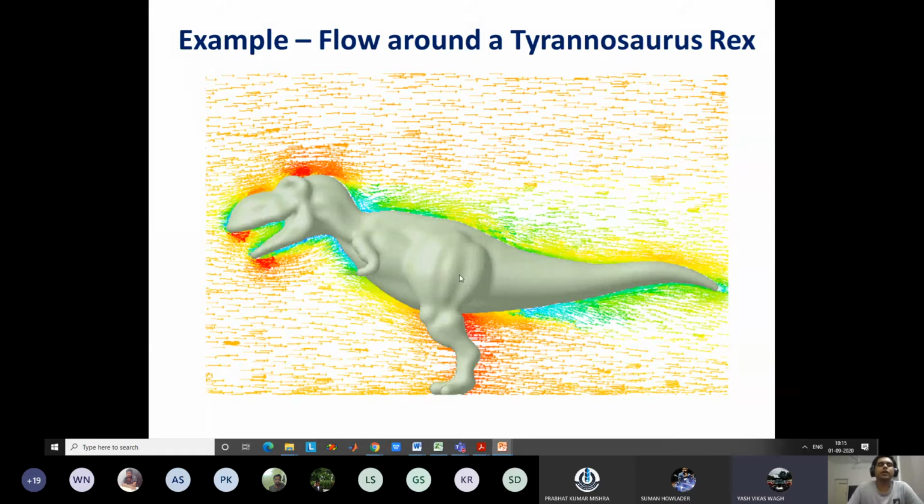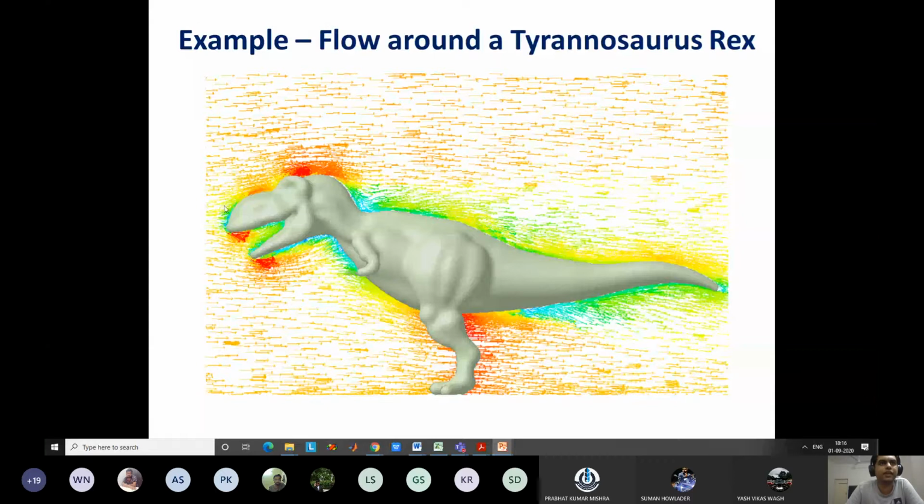Okay, so say the dinosaur is standing still and there is a velocity of 10 meter per second, in normal velocity, far away from the dinosaur, from the left to the right. So if I put the boundary condition as 10 meter per second on the left side, I have to put it sufficiently far away from the actual object, the actual dinosaur.